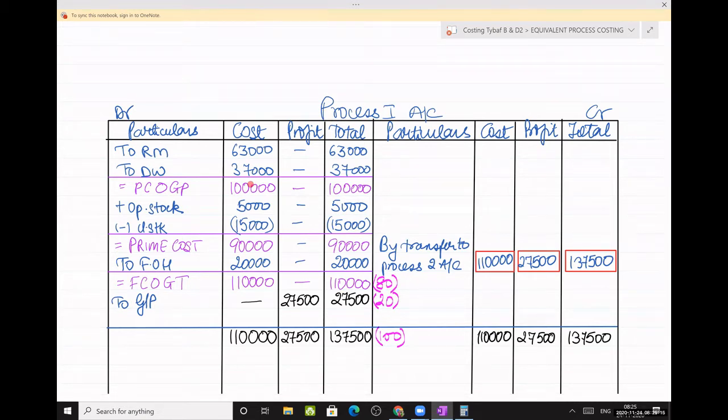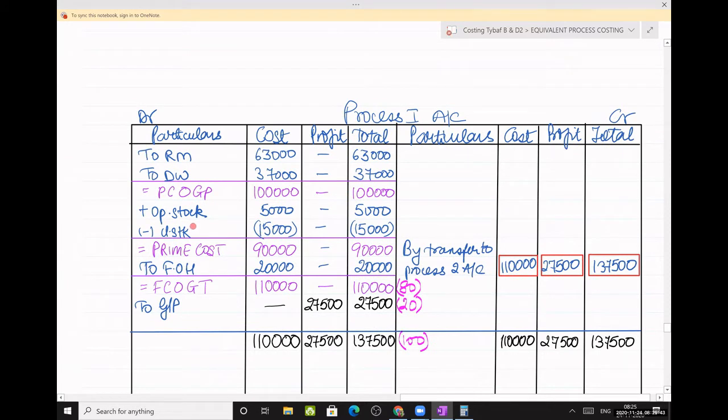There is no element of profit in the first process, so see the profit column is going blank. Prime cost of goods produced, you can use these abbreviations. So add it. 63 plus 37 is 1 lakh.